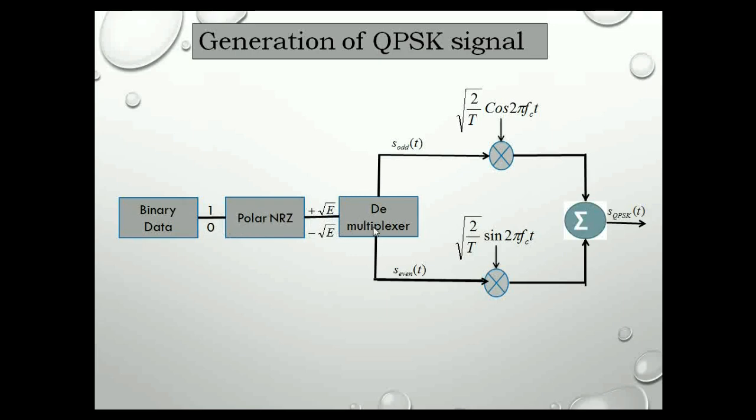This is applied to the demultiplexer in order to generate s odd of t and s even of t. s odd of t is given to the product modulator, and the other input to this is square root of 2 by T cos 2 pi fc t, and s even of t is applied to the next product modulator with the input square root of 2 by T sin 2 pi fc t. The outputs of both product modulators are added in order to generate the QPSK signal.